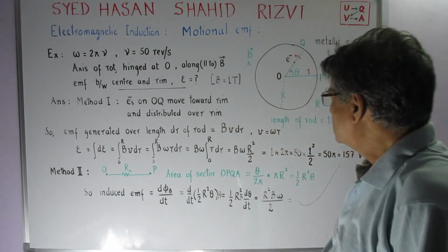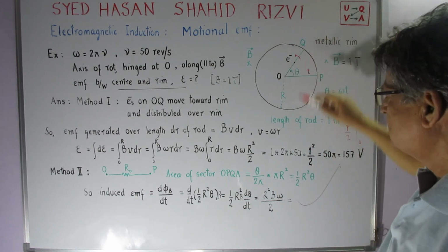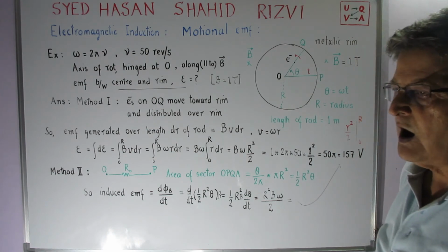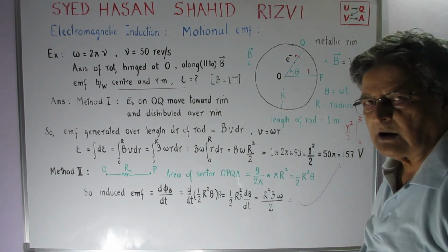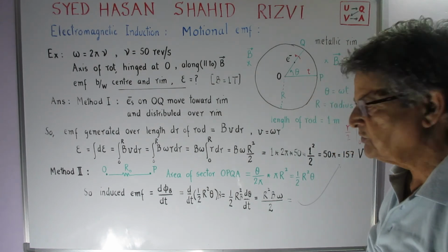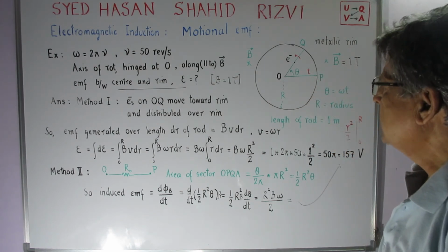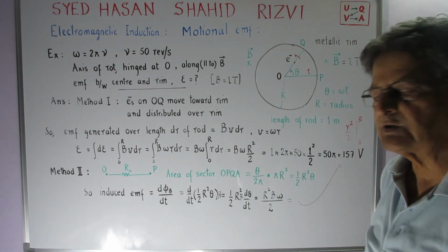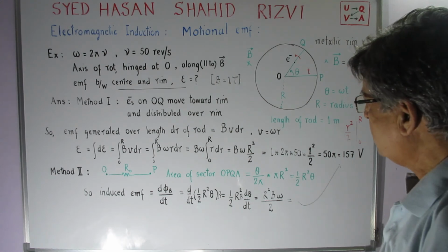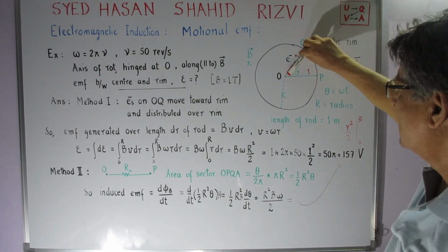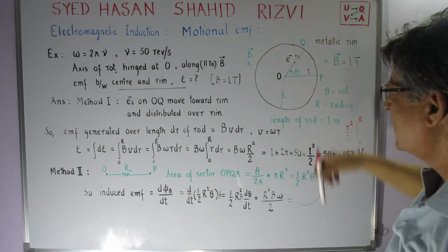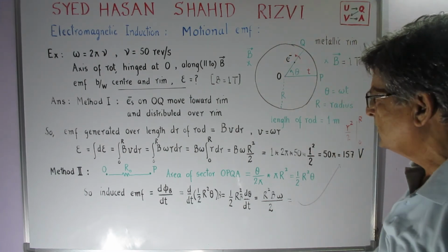Now all these spokes, all these rods, all these sources of EMF, are in parallel to each other. And when we have sources parallel to each other, of course the net EMF is the same as the EMF for a single rod. So it does not matter whether we have a single rod or a large number, 2 or 3 or 4 or 5 or any number, like in the case of bicycles.